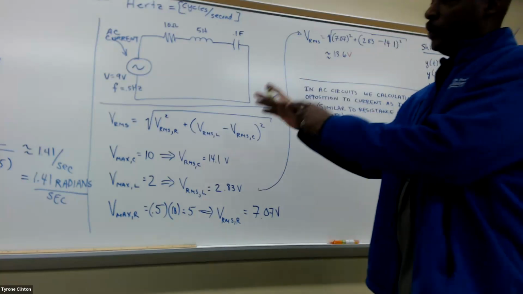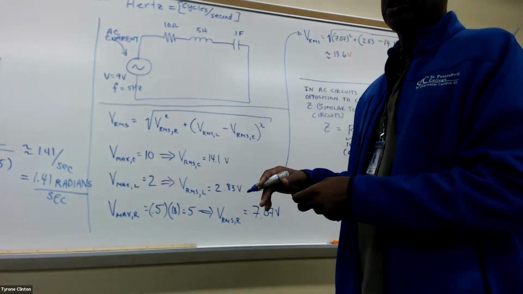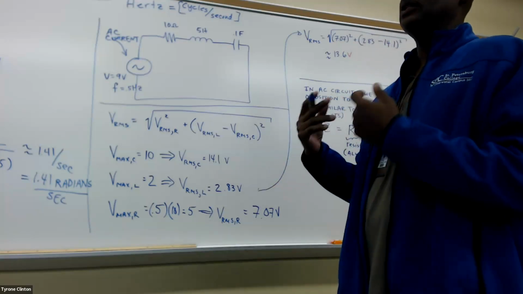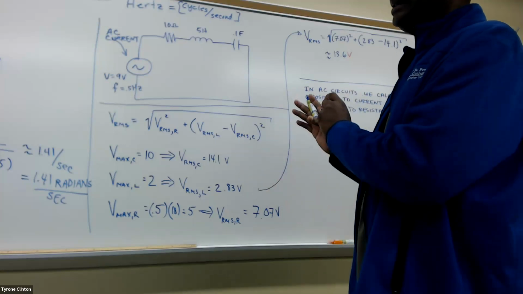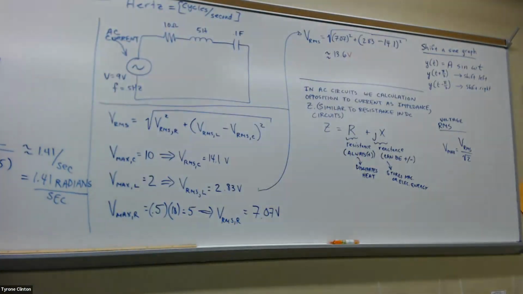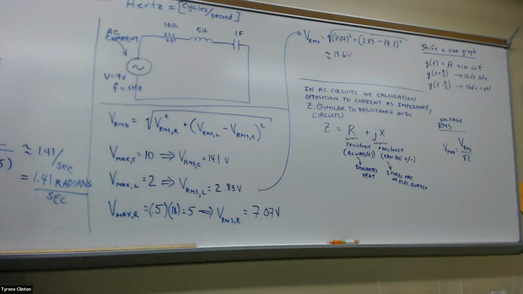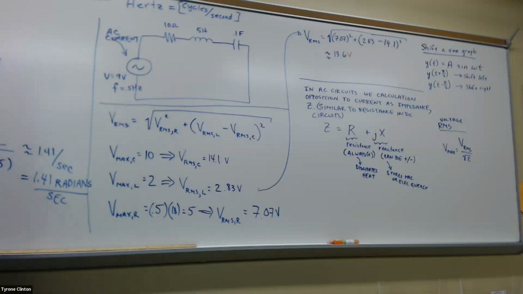And so our voltage root mean square is the equivalent calculation in an AC sense. All right, so just think of it as an equivalent calculation to the voltage for a DC circuit. And we're going to try and figure out the relationship between those two. Okay, and I went through a calculation here. So each one of these components has its own root mean square associated with it in an AC system.